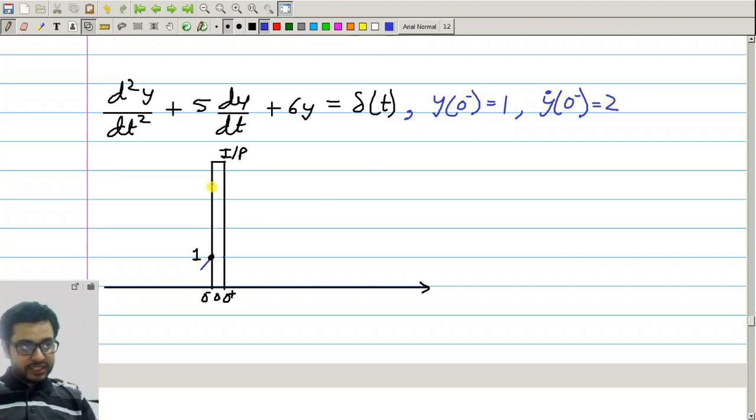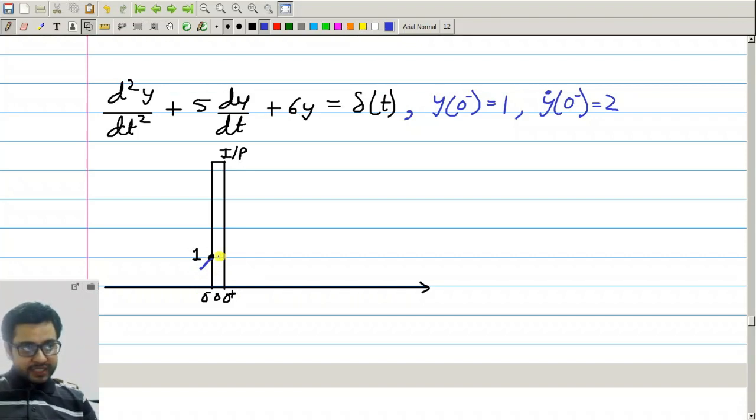So this is the impulse or input pattern. At the moment when this input starts, 0 minus, the output has a value of 1 and a slope of 2.